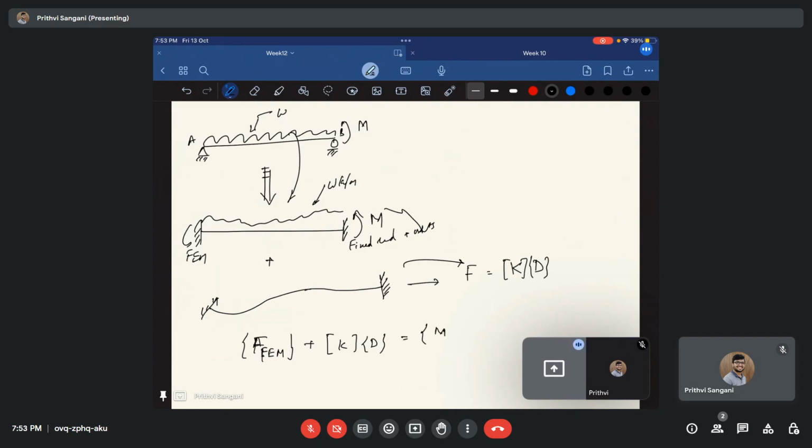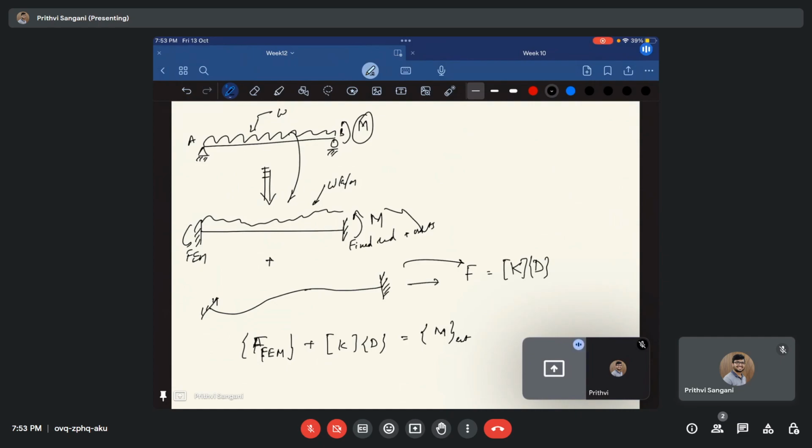That is nothing but M. So far I have applied only a moment at joint B, so I'm just writing it as M external. In other degrees of freedom, the forces are zero. That's what I mean.